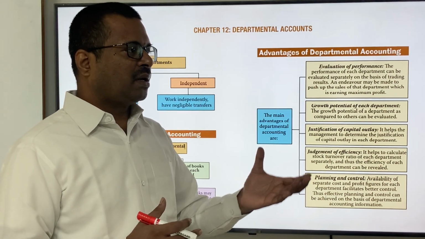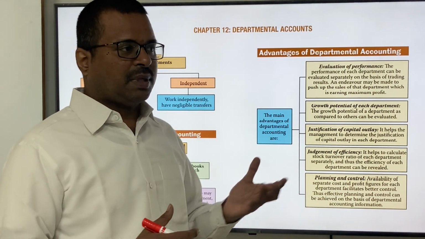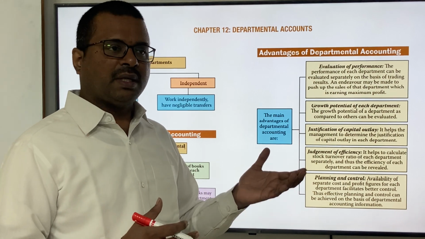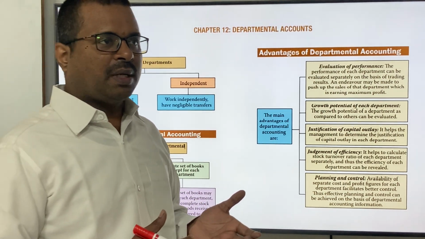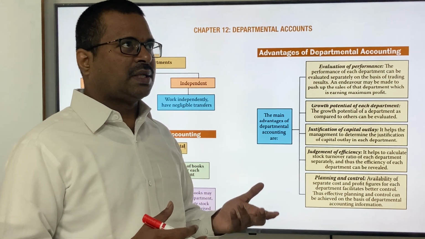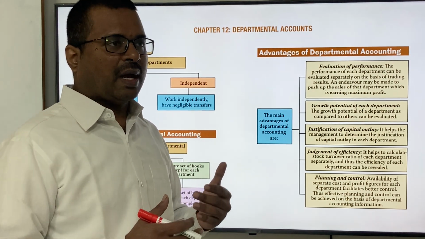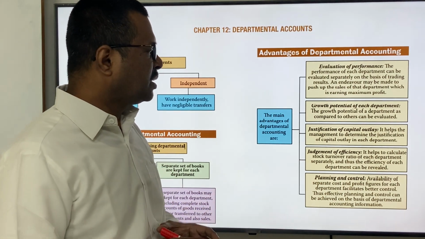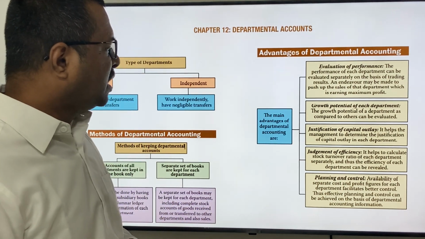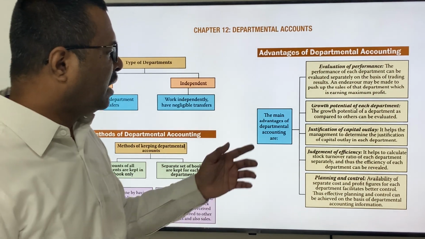When the accounts are maintained for various departments, we know what the investment in each department is and what the profitability in each department is, and we can take the decision whether any department's capital outlay is high or low, and accordingly decisions can be taken. Judgment of efficiency.